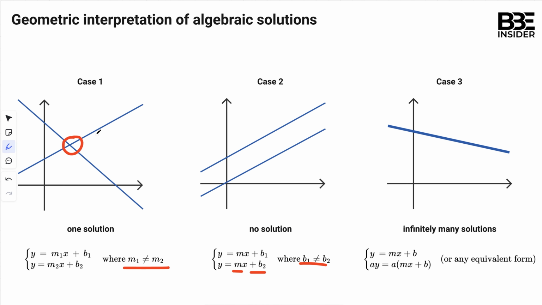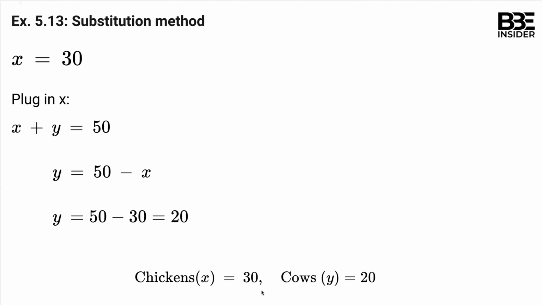We're now dealing with the first case right here. Both our lines have distinct slopes, which means the slope of one line is different than the slope of the other line, and both y-intercepts are different as well, and therefore we have one unique solution. In the very end, it makes sense to check if the results actually make sense.